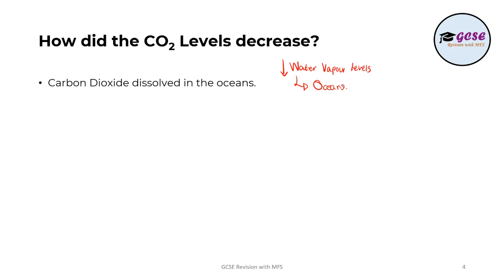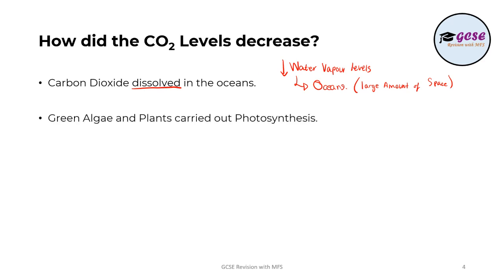Now the carbon dioxide, which used to be in a large amount in the early atmosphere, dissolved in the oceans, because the oceans took up a large amount of space. That's one reason why CO2 levels decreased.